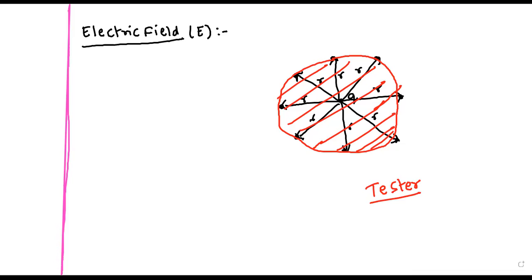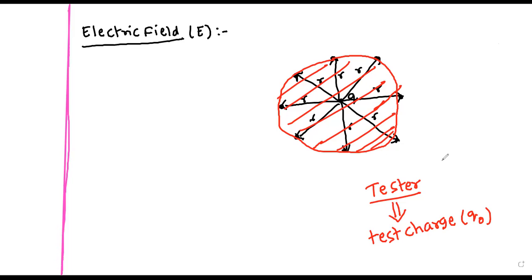So inside this tester there is a charged particle, which can be called the test charge. The test charge has a magnitude very much less than the charge of a charged particle, but it will check up to what distance the charge is distributed.